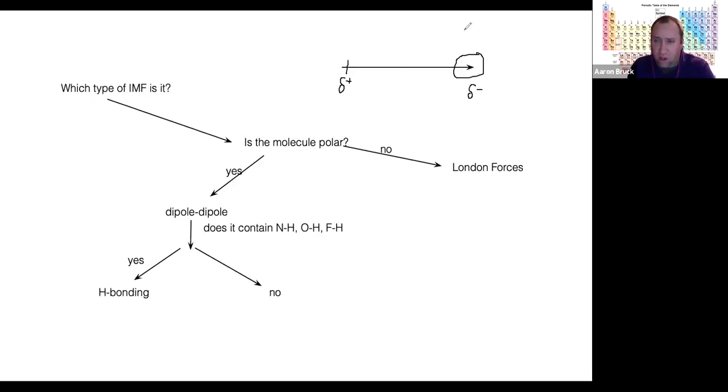And so obviously, if I have a series of dipoles from molecule to molecule to molecule, these will point themselves in such a way that we get the opposites attracting.